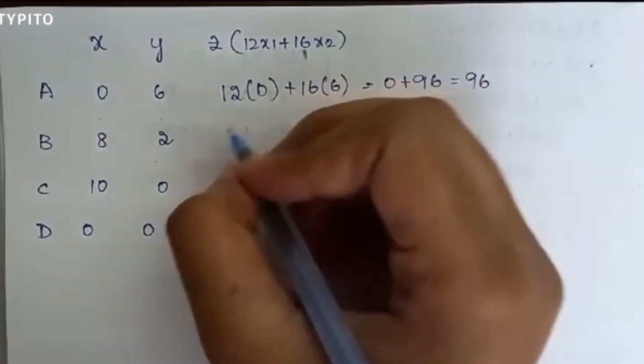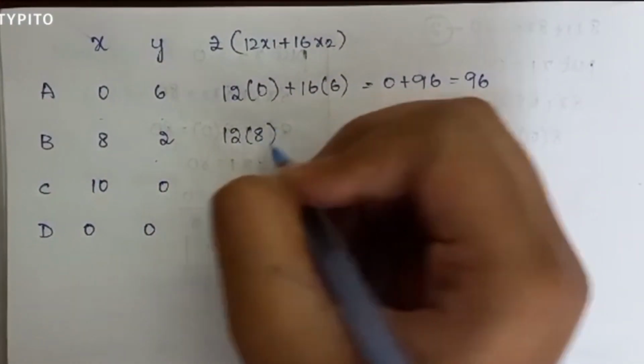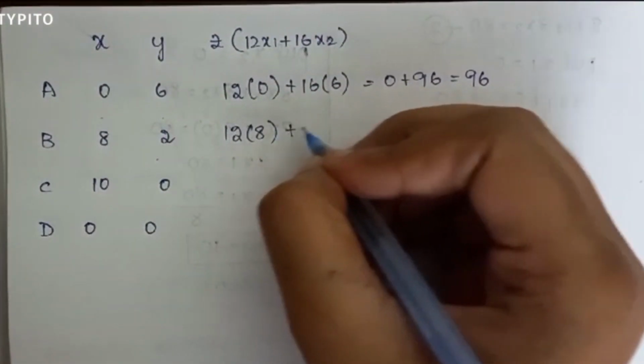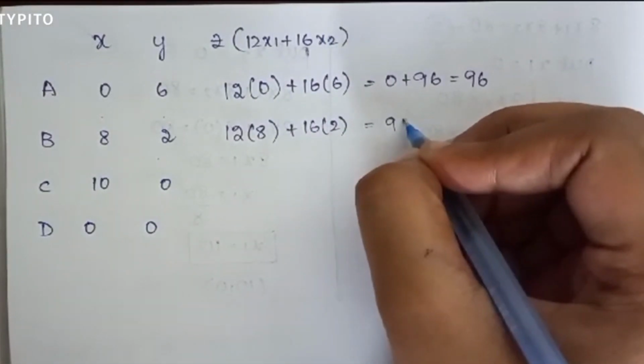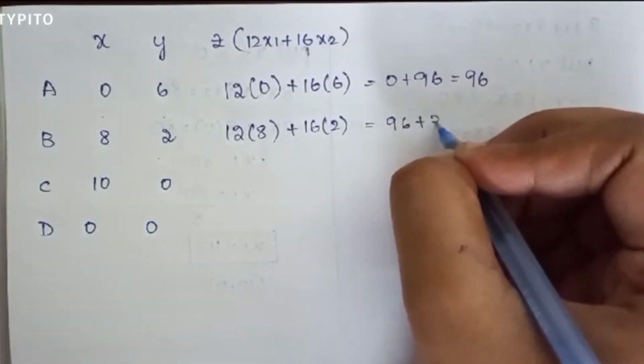So B point substitute cheste 12 into 8 plus 16 into 2, so 96 plus 32.